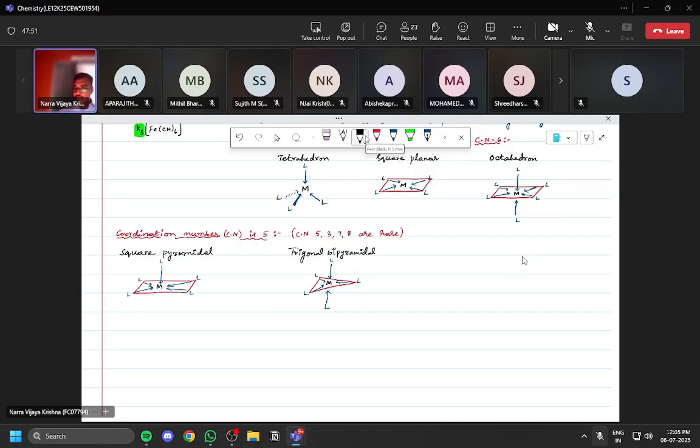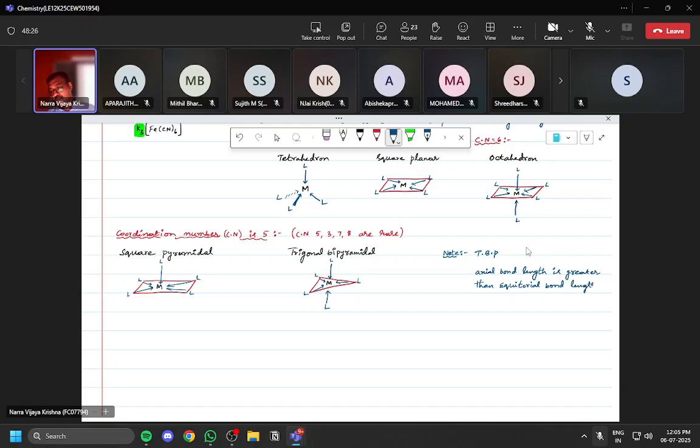In case of trigonal bipyramidal, we studied one rule, if you remember. Axial bond length is greater than equatorial.